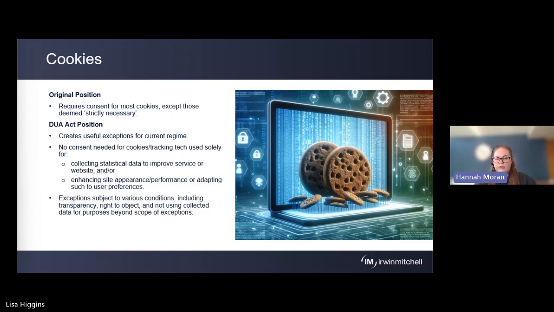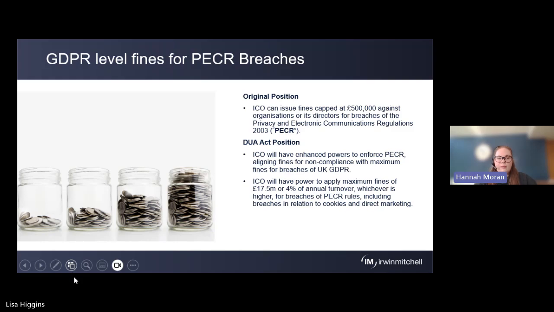So it's got to be used for those sole purposes only. But it is hoped that the amendments to the cookie rules will allow organisations to more easily collect statistical information to improve their websites and things like that. And turning to the next slide, just briefly.